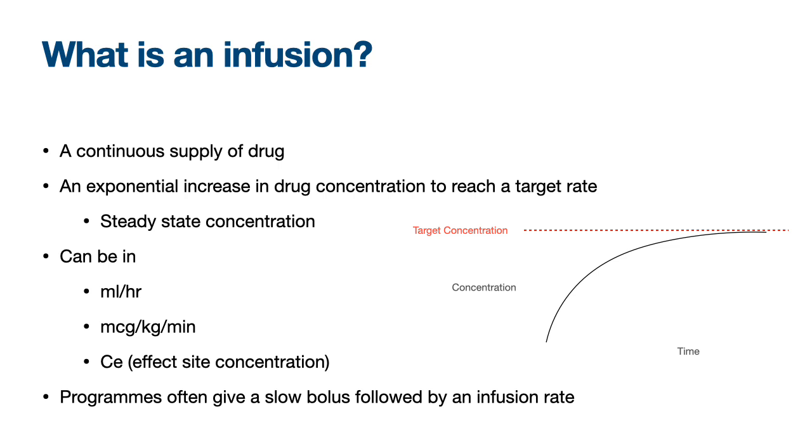You can gradually increase that over time if you think your patient might be a little bit more unstable, or if you're starting with some sedation and then moving more to an anaesthetic dose. It can be programmed to give a bolus at the start, which essentially gets it up to the target rate a bit quicker.